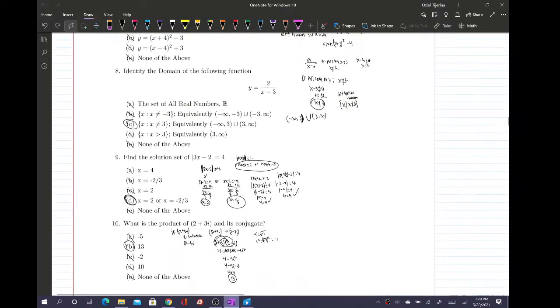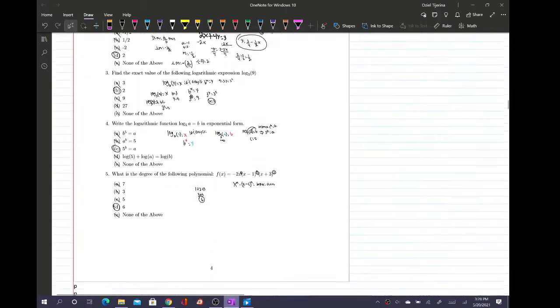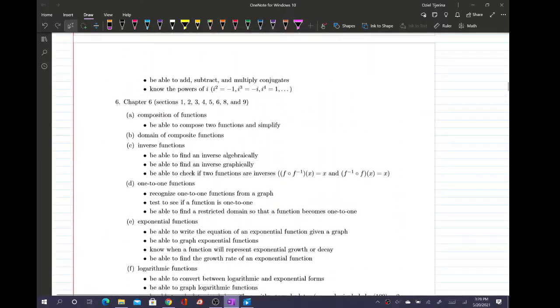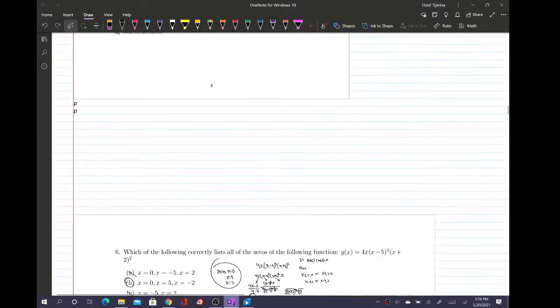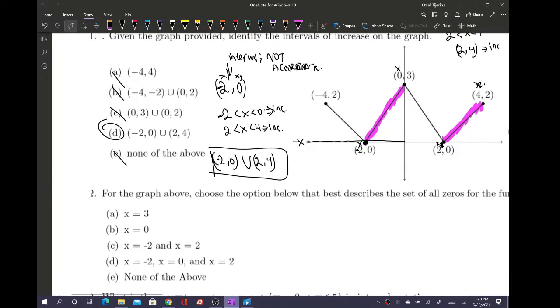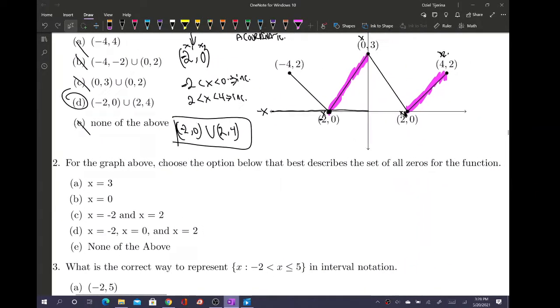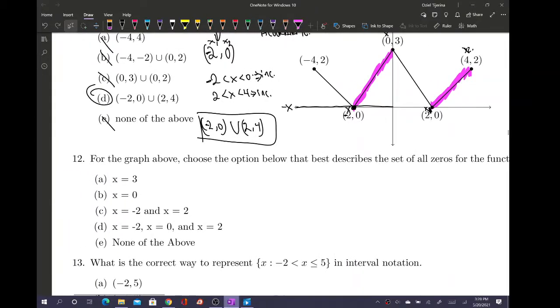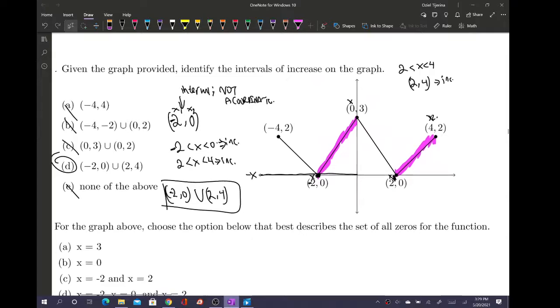And I'm not sure exactly what graph they're referring to. So I believe it's for this graph here.